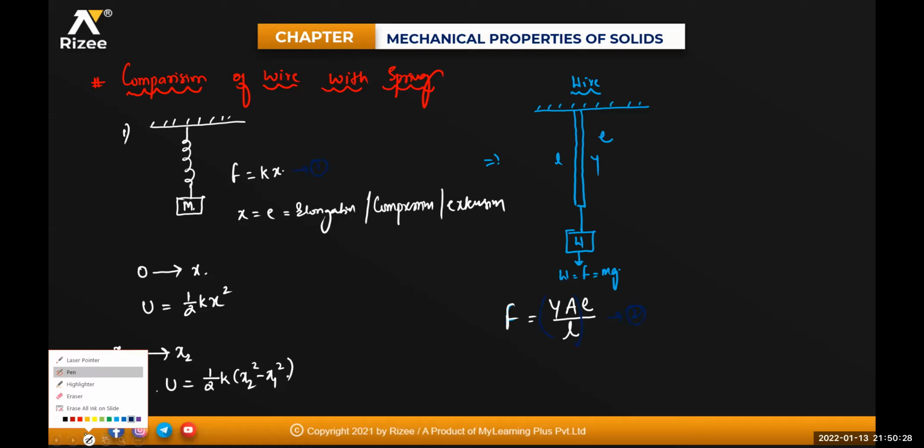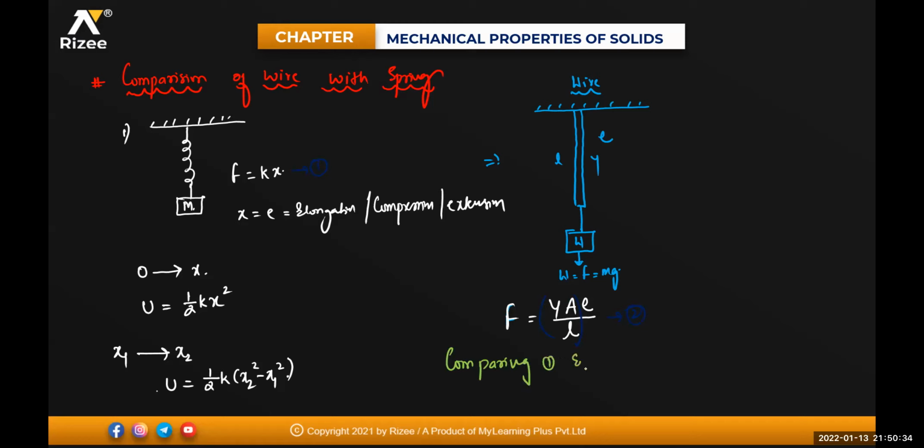Comparing 1 and 2, we are getting K is equal to YA divided by L. So this is the spring constant of your wire. That means the equivalent spring constant will be equal to YA divided by L.